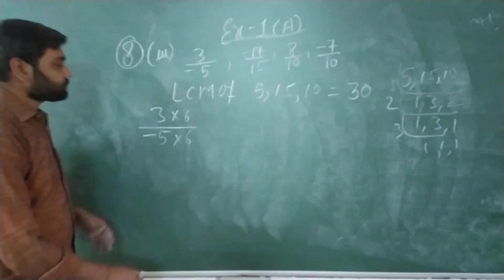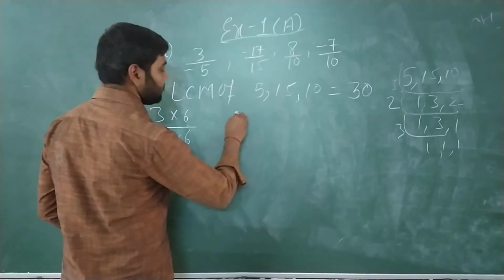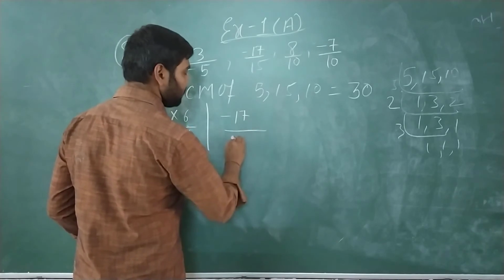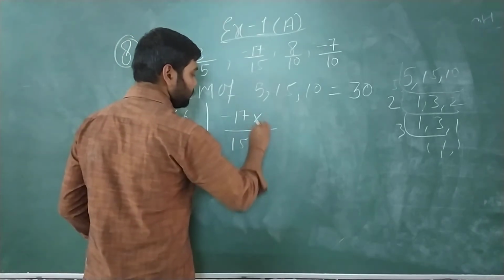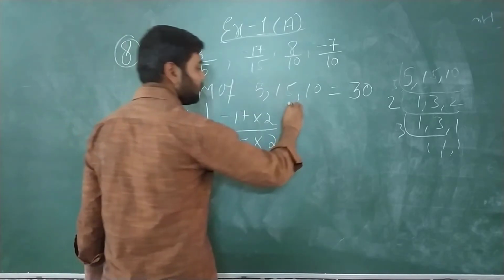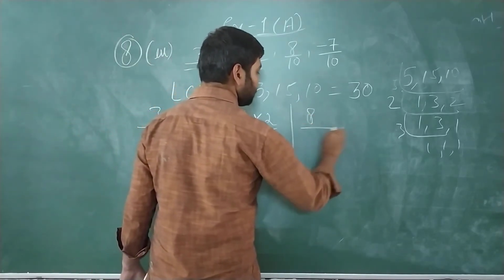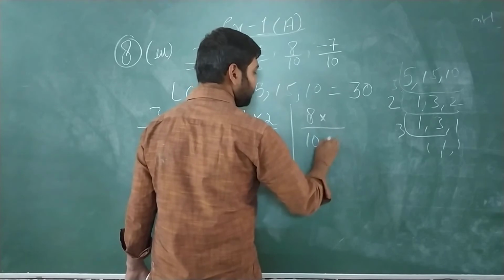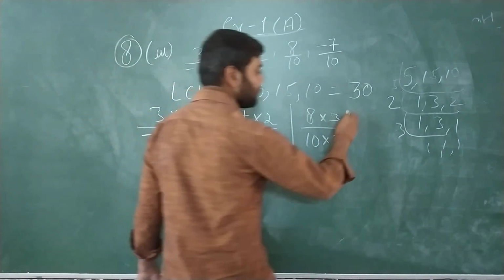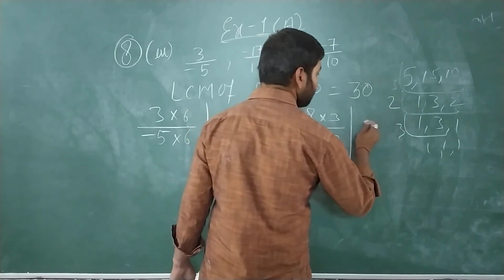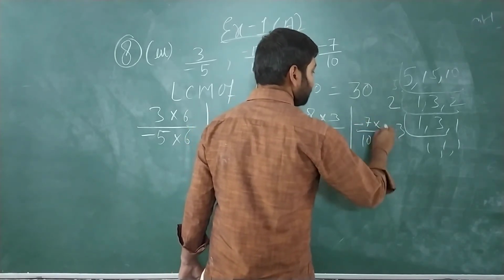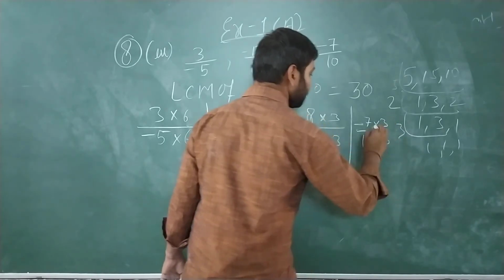Now see, second, minus 17 upon 15. We will multiply it with 2 to make it 30. Then 8 upon 10, we will multiply it with 3 to make 30 in the denominator. And then minus 7 upon 10, we will multiply it again with 3 to make it 30.